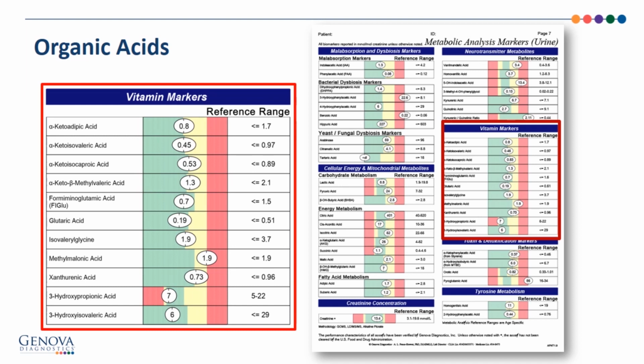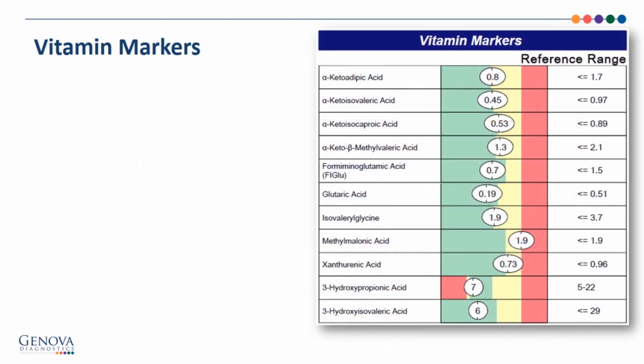You can see this vitamin marker section with a listing of various organic acids. When we look at this, we can see there's, for example, an elevation of methylmalonic acid. So how does that elevation of methylmalonic acid provide insight into a specific vitamin need? Let's take a look at the various vitamin markers in terms of organic acids and how they work.